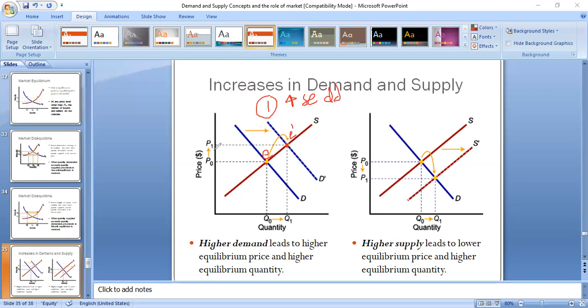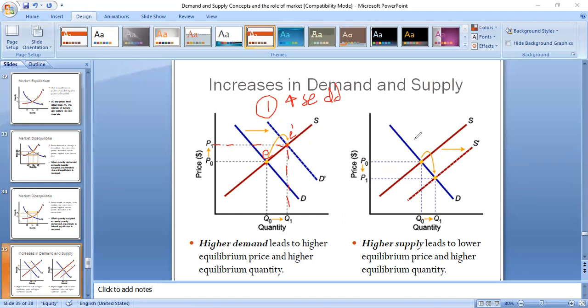It will generate a new equilibrium price P1 and a new equilibrium output Q1, right?